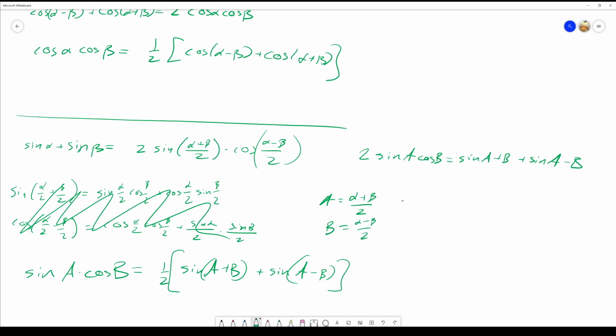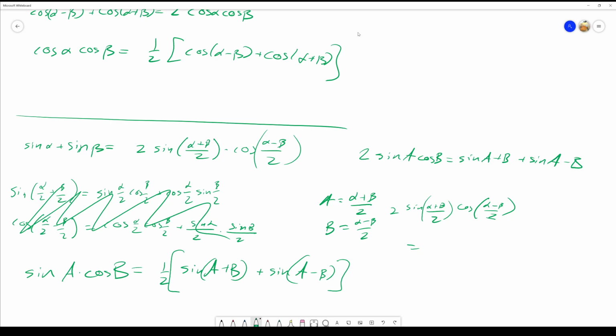Then the left becomes 2 times the sine of alpha plus beta over 2 times the cosine of alpha minus beta over 2.